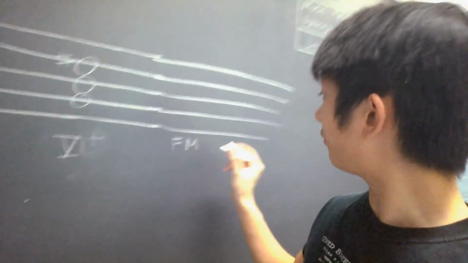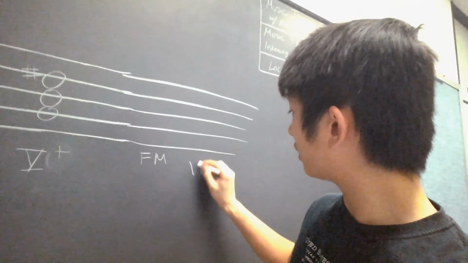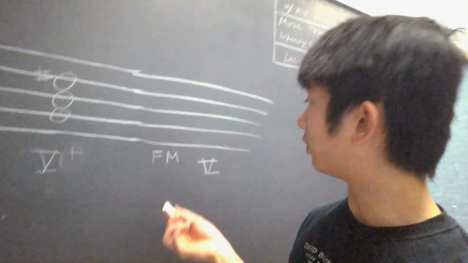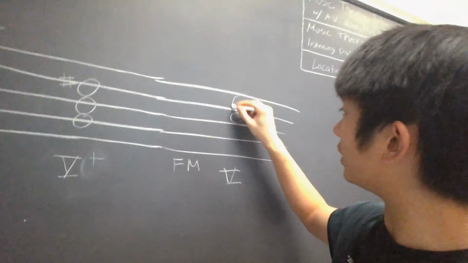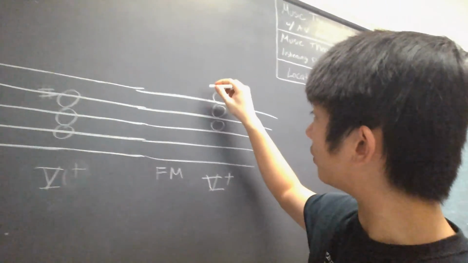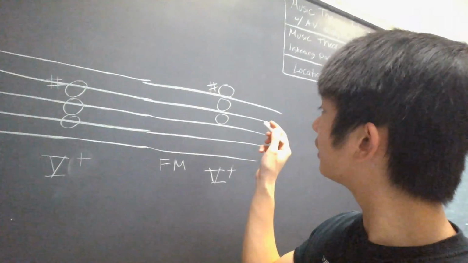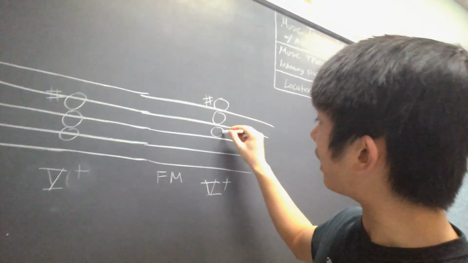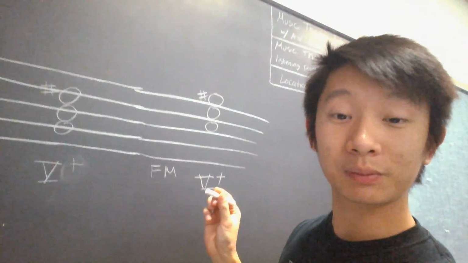If we're in the key of F major, the V chord of F major is C major. So we have a C major triad, C, E, G. To spell this augmented, we just raise the 5th in that chord. The 5th of C is G sharp. Hopefully this helps.